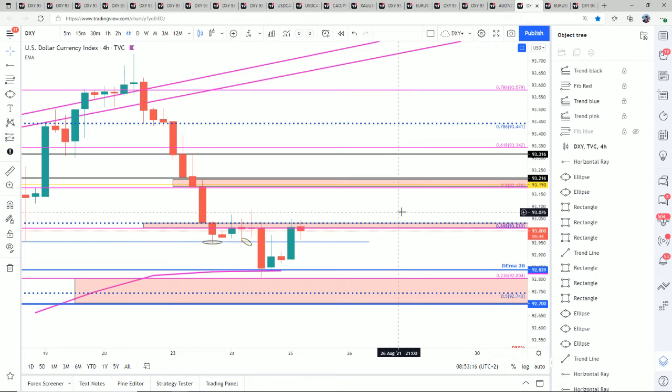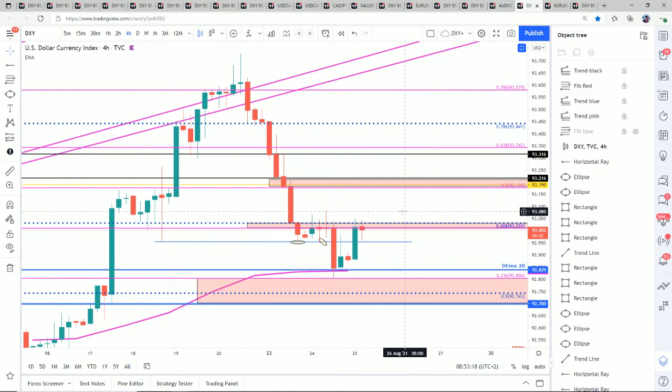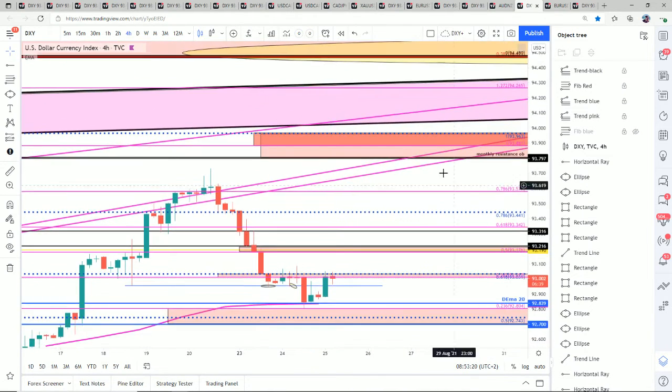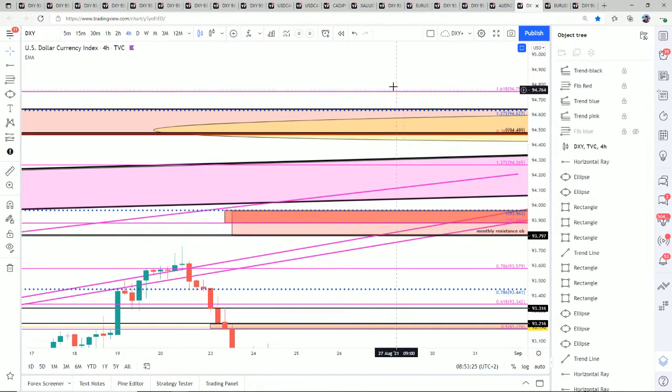So that's where we should see DXY coming in this 38.2 area, or in this area. Only when DXY is there can we be sure, or can we get a big short USD trade, even on those trend lines. So all this area is, of course, a short-only place for the USD for me.